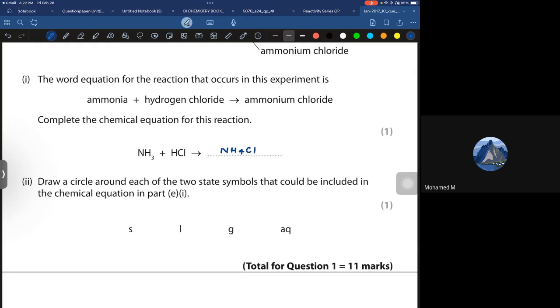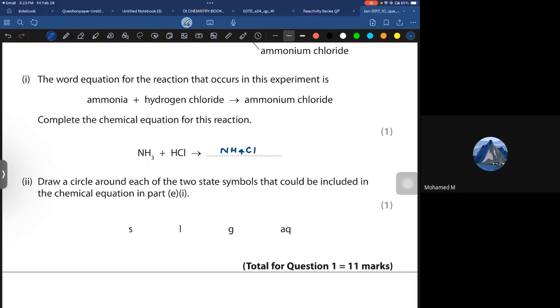So, what is the solid? What is the liquid? What is aqueous? Which is the gas? What do you think? Draw a circle around each of the two state symbols that could be included in the chemical equation. So HCl is aqueous.